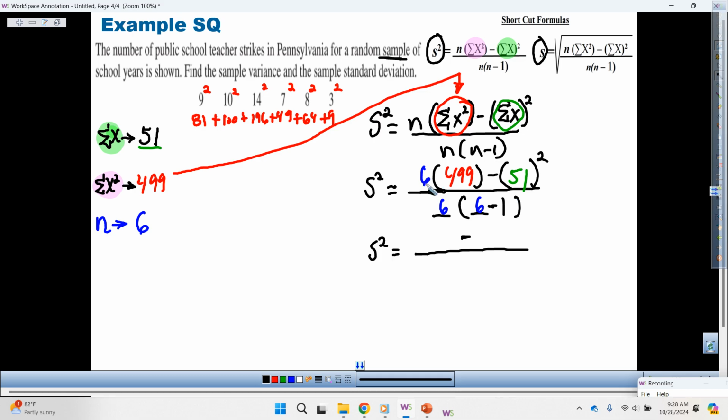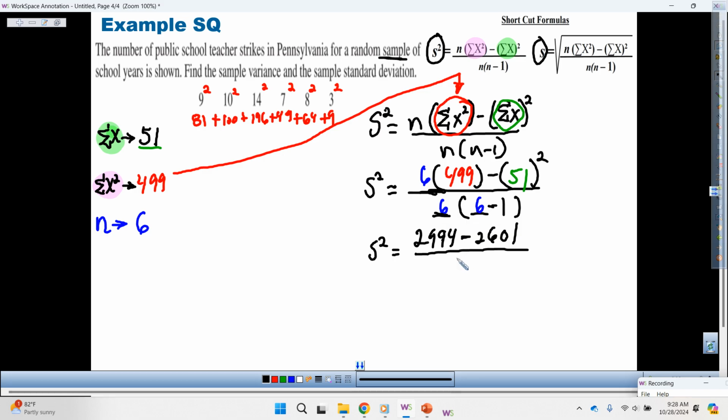So, calculators, calculate. What is 6 times 499? 2,994. What is 51 squared? 2,601. And what is 6 times 6 minus 1, which is 5?